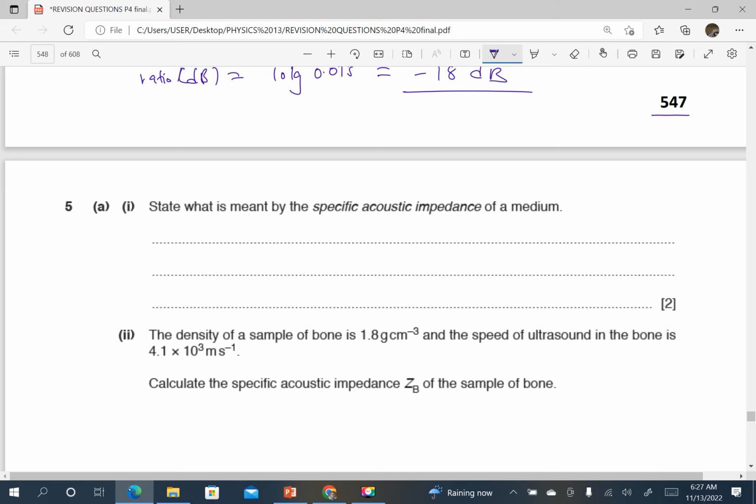So this is the product of the density of a medium and the speed of ultrasound wave in the medium.